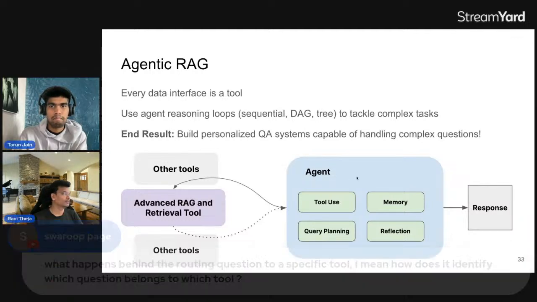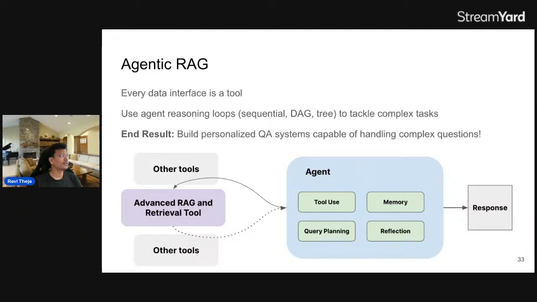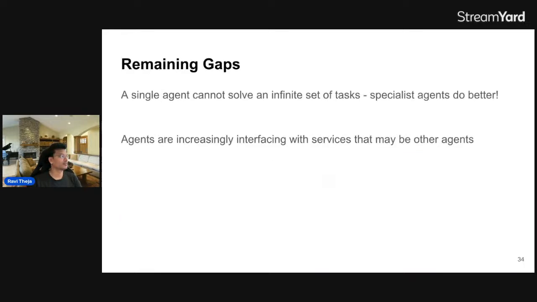Cool. Yeah. And then, continuing, as we have seen, we have advanced RAG tools, and then RAG and retrieval tools. Given a query, you use these agentic capabilities, and with a ReAct prompt or function calling capabilities, you route it and then get a response for handling complex questions or routing questions as well.